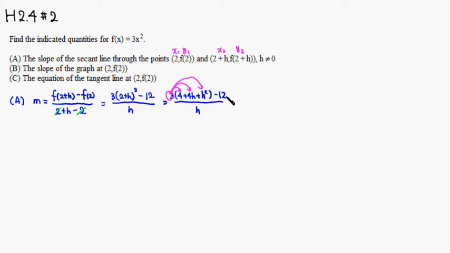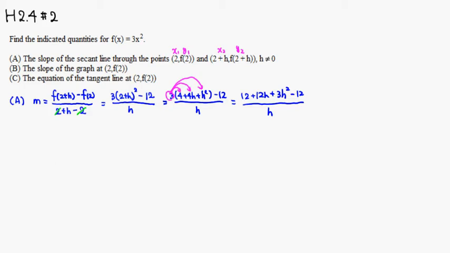So we get 3 times 4 is 12, and 3 times 4h is 12h, plus 3 times h squared, minus 12, all over h.